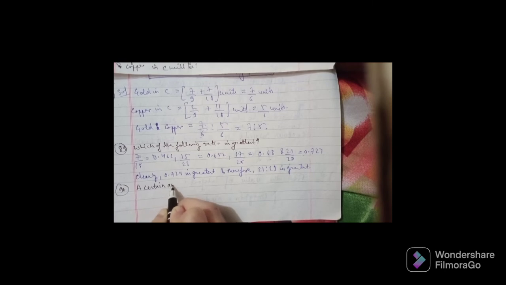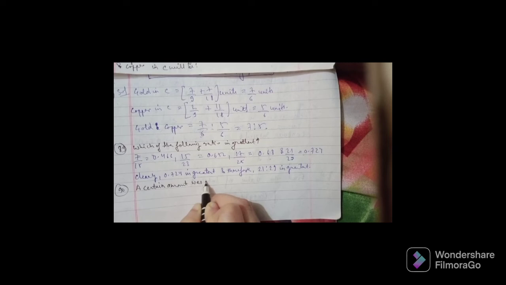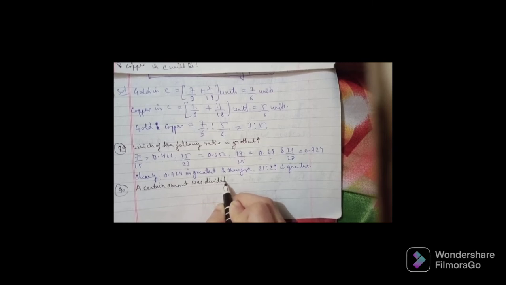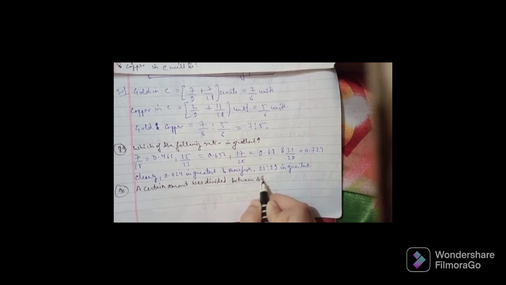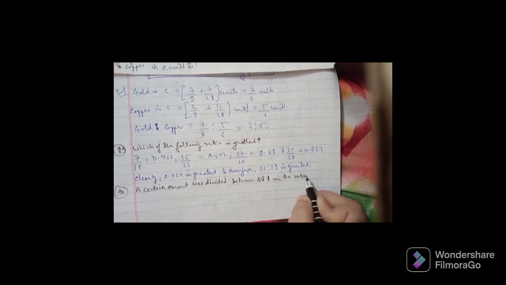A certain amount was divided between A and B in the ratio 4:3.